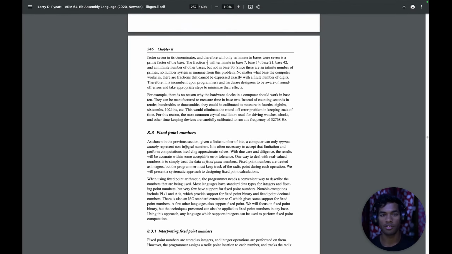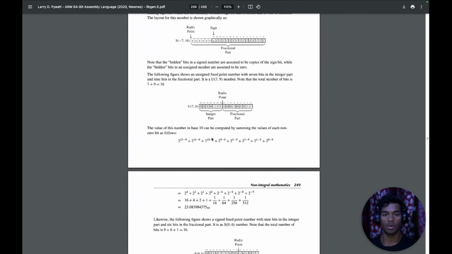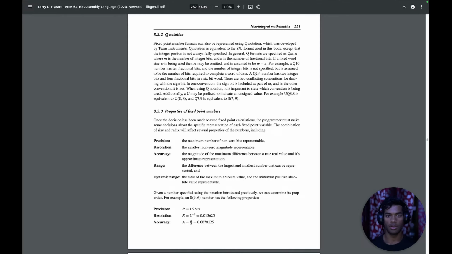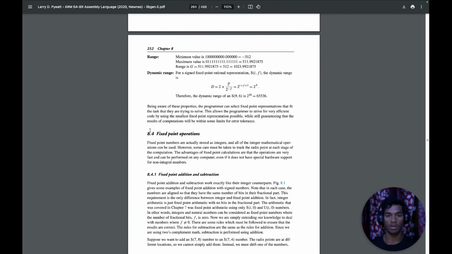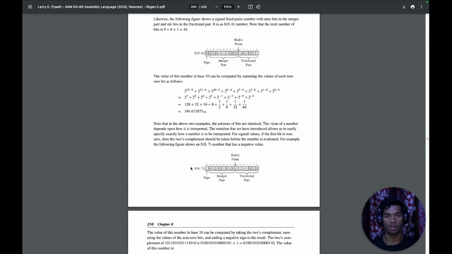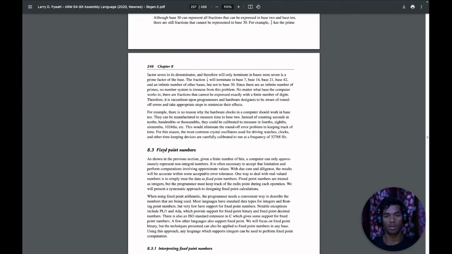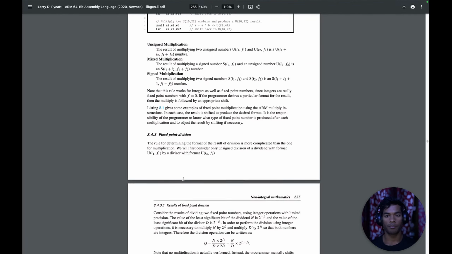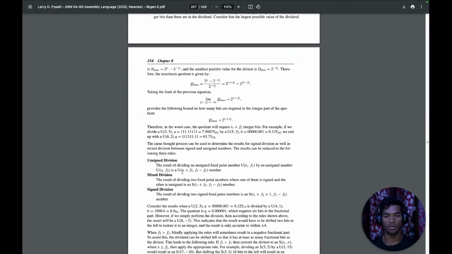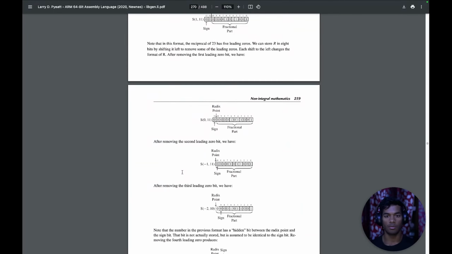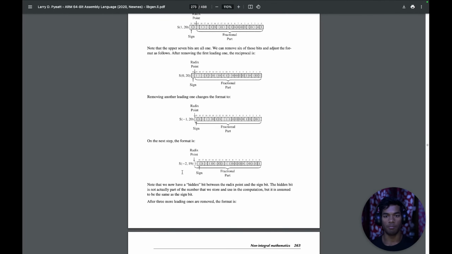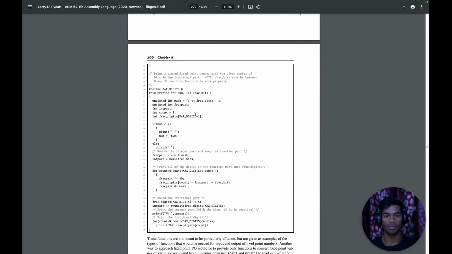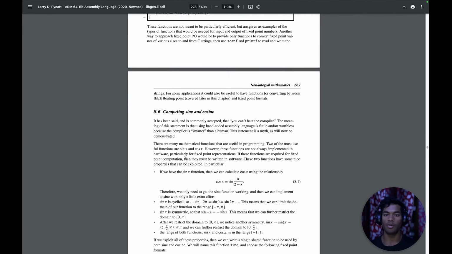Okay, now fixed point numbers, and how much of the chapter is actually remaining. We are at page 246 and 8.3 floating point numbers. This is going to be interesting. Then we have Q notation, fixed point operations, and this was fixed point numbers. Then how we can perform operations, that is also cool. Operations are very long. Fixed point input and output, and then we have compute sine and cosine.